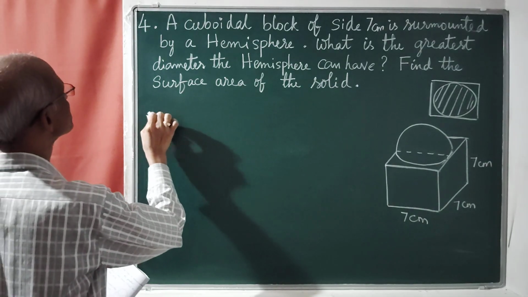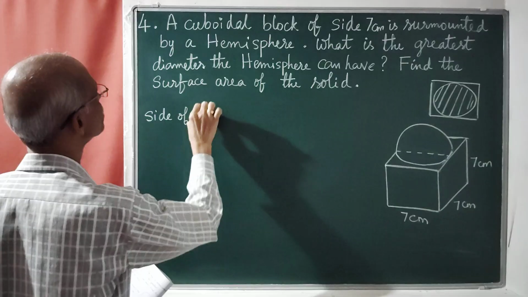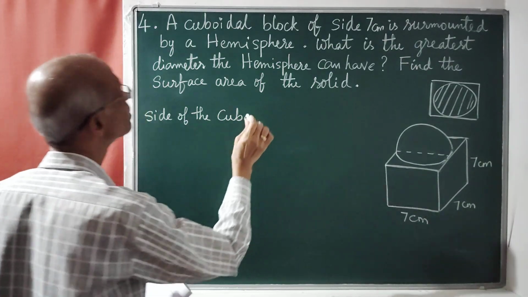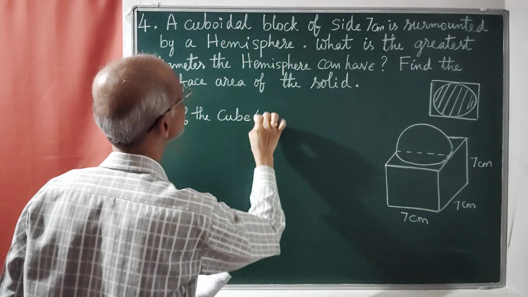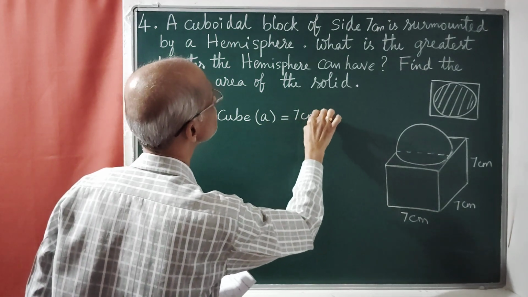Now side of the cube, it is A, that's equal to 7 centimeters.